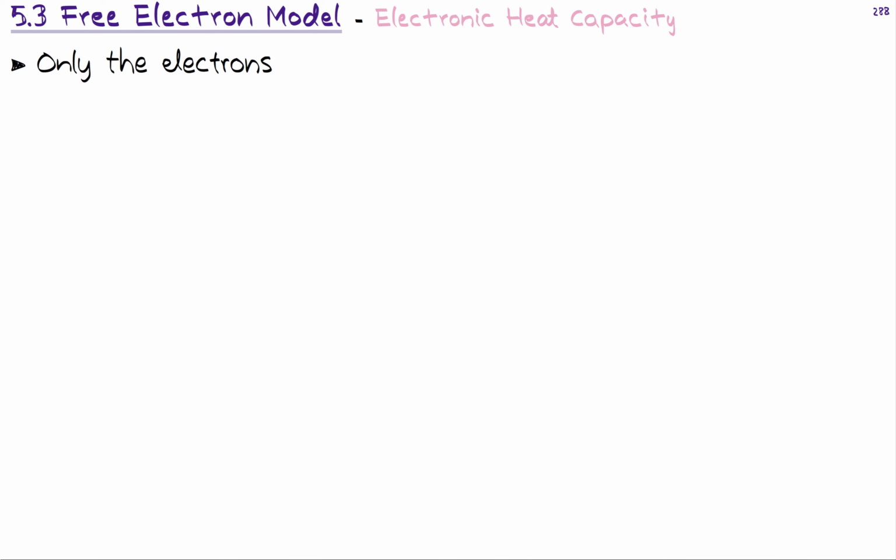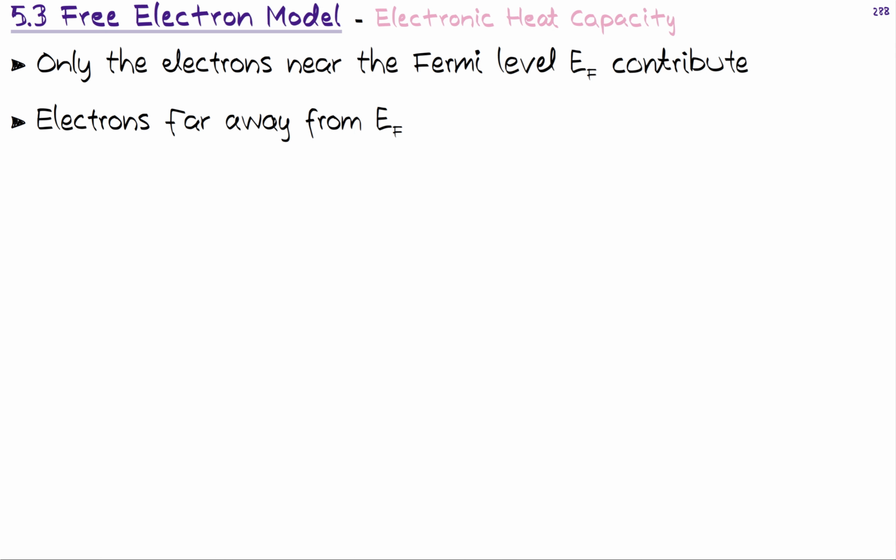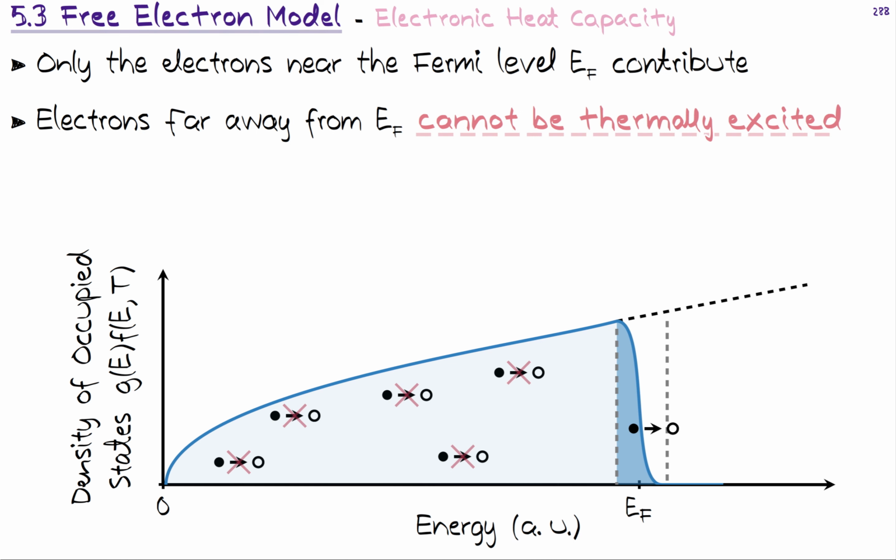So in essence, only the electrons that are nearby the Fermi level E_F can contribute to the heat capacities. And how that happens is that when the electrons are far away from the Fermi level, in essence, they cannot be thermally excited. This is explained in this picture, and I hope I can make it clear.